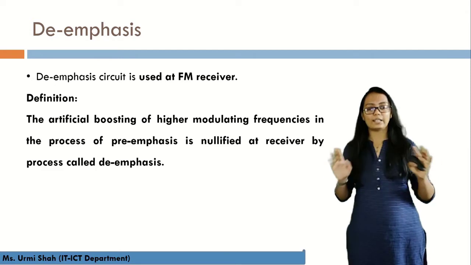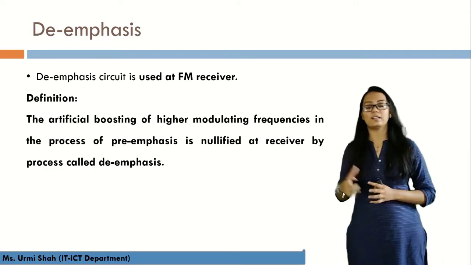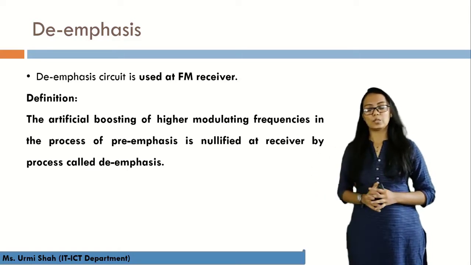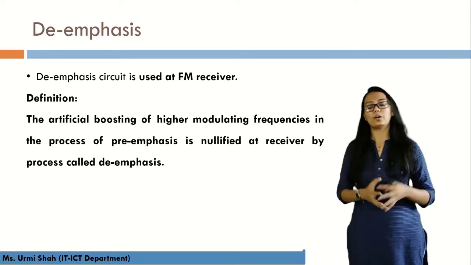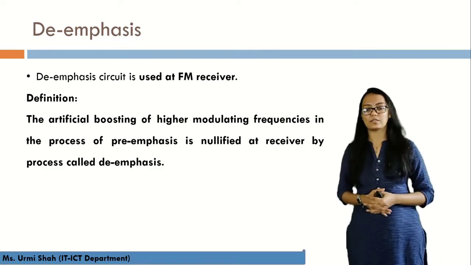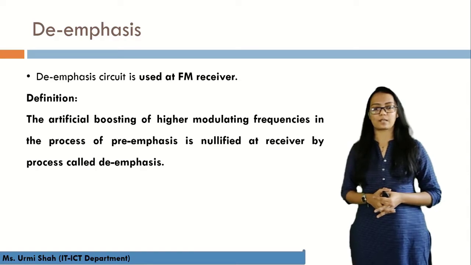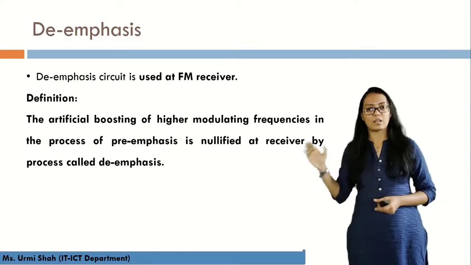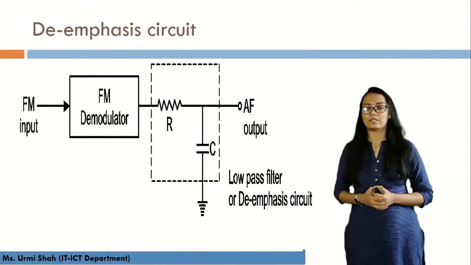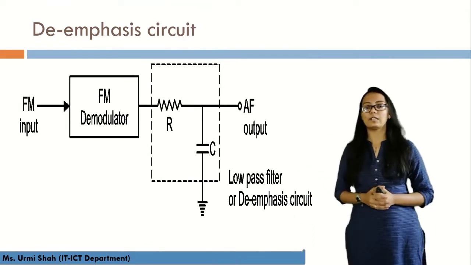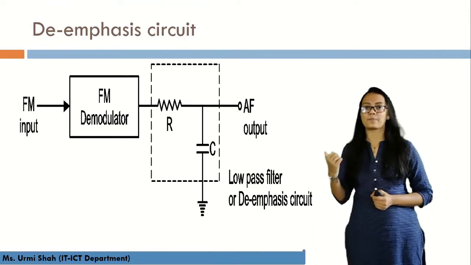So to nullify that effect, we require the de-emphasis circuit. This way the de-emphasis circuit will be used, which will do exactly the work done by the pre-emphasis, but it will work in the opposite direction compared to the pre-emphasis. So this is how the de-emphasis circuit works.